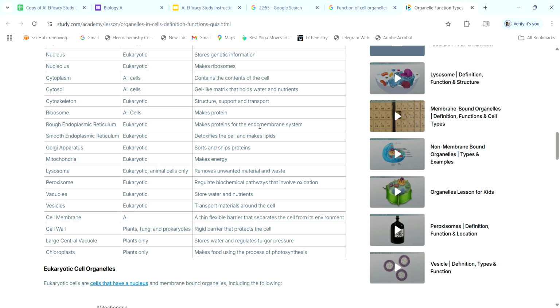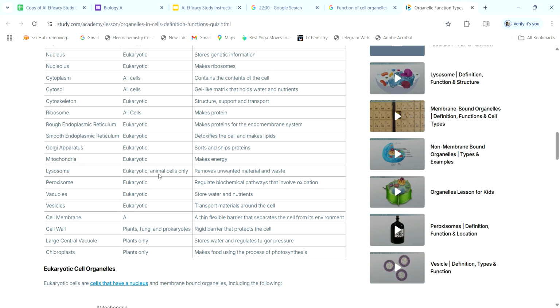Smooth endoplasmic reticulum is in the eukaryotic cell and it detoxifies the cell and makes lipids. Golgi apparatus remains in the eukaryotic cell and sorts and shapes protein. Mitochondria remains in the eukaryotic cell and makes energy.